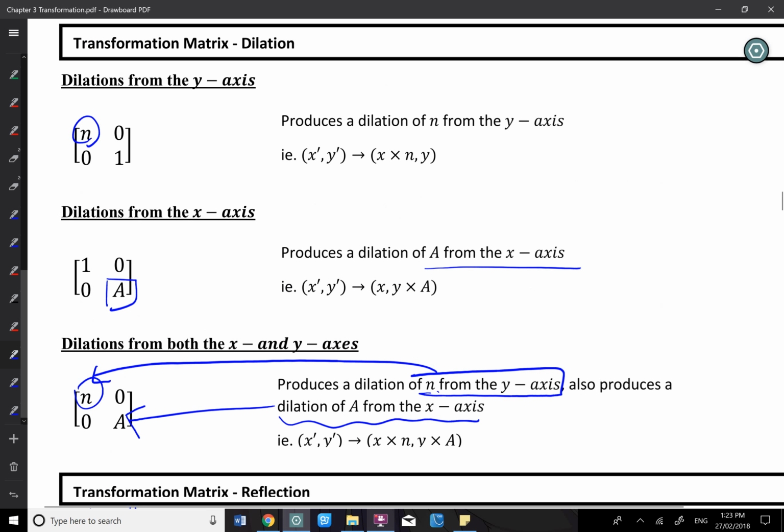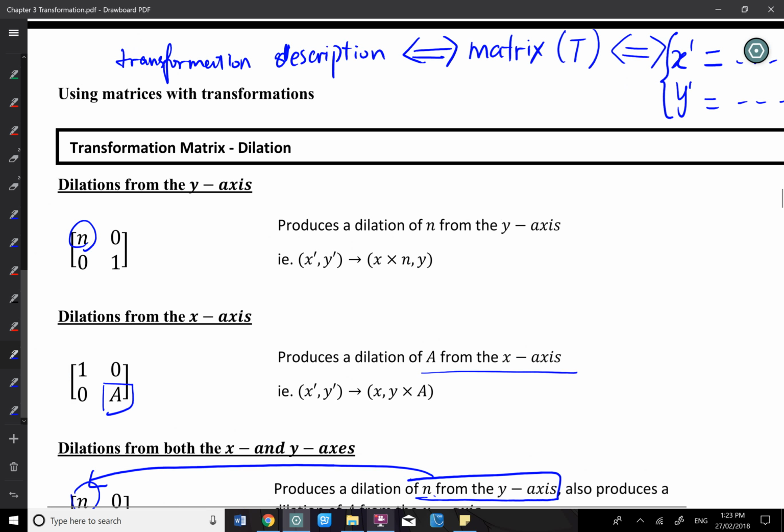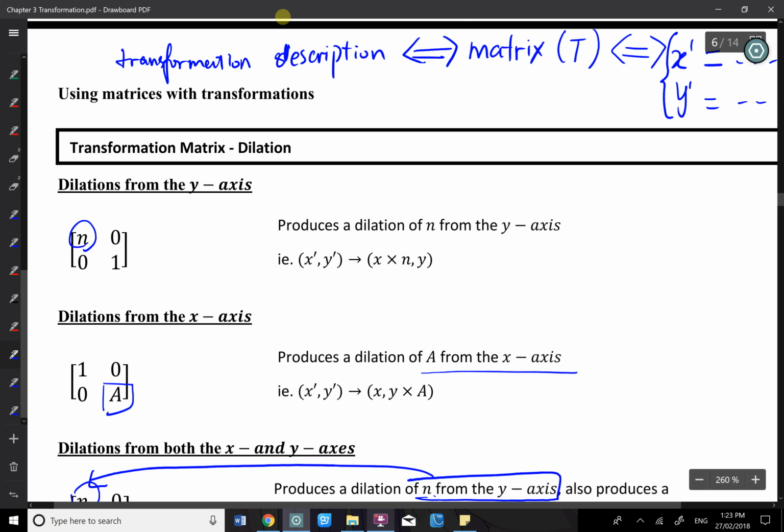Okay, what are these matrices used for, why do we need them, and how can we use them? Let's write another equation from the very beginning. x dash equals T times x. T is the transformation matrix. What is x dash? x dash is (x dash, y dash), the new point.